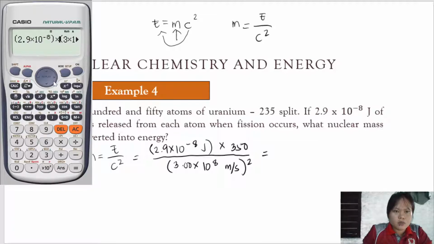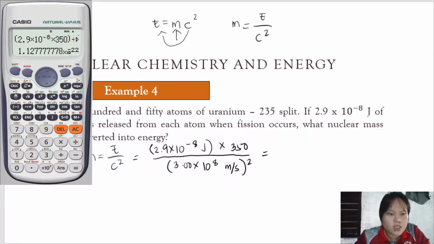Okay, this is not multiply, this is divide. Okay? Wait. I have to multiply din sa 3 there 3.